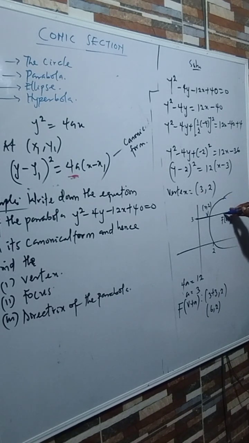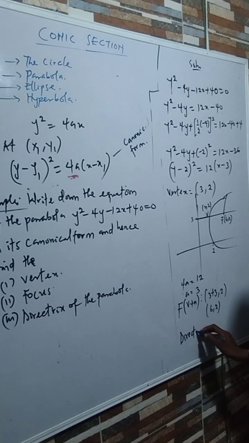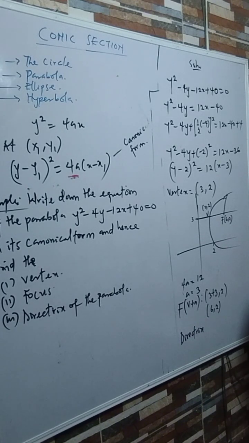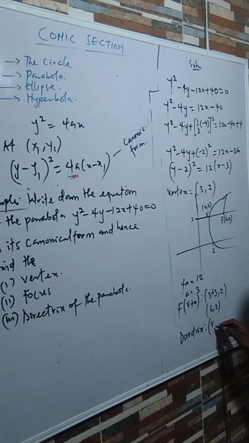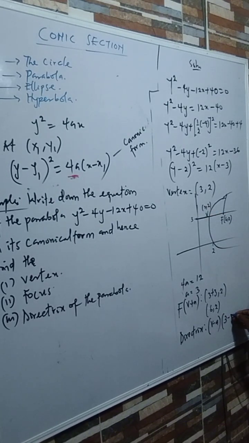The same thing is also applicable if I am to find the directrix. The directrix, I told you, you should also say v minus a. And what is my v minus a in this case? The v minus a in this case is v is 3, then minus 3.